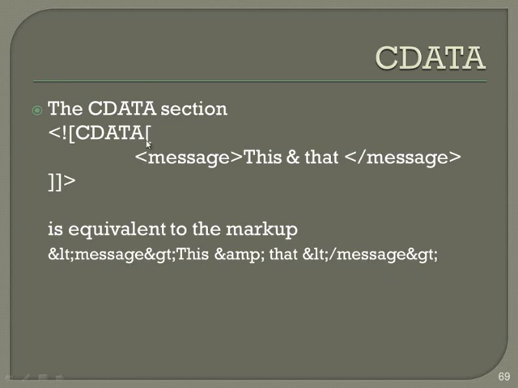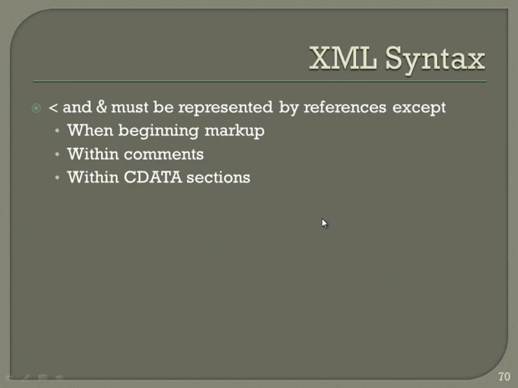If you don't want to use CDATA, then the less than symbol must be replaced by the entity LT, greater than must be replaced with the entity GT, ampersand must be replaced with its entity, and so on. If you don't want to write like this, the better option is to go for CDATA, which is much easier.